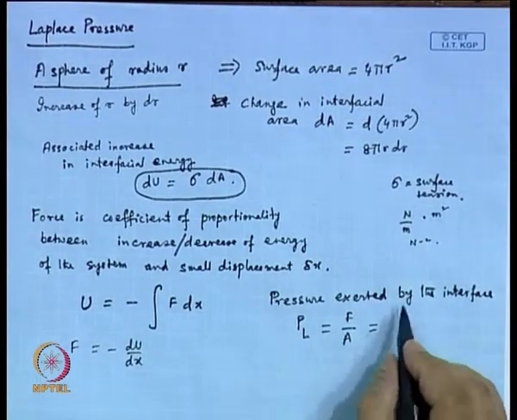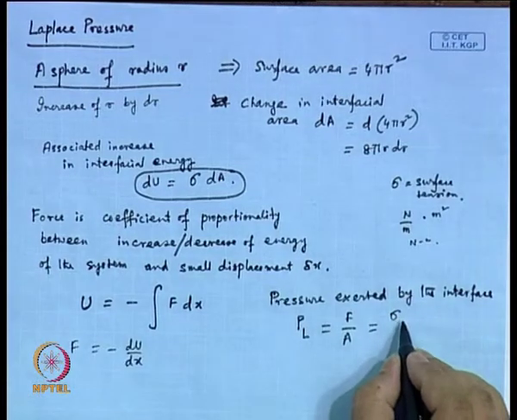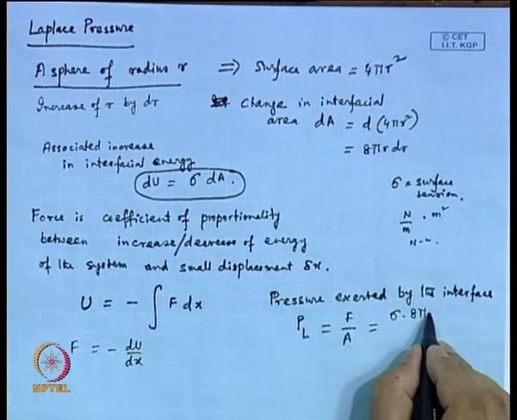The force, Fr, in r coordinate, from dU dr, would be sigma into 8 pi r.